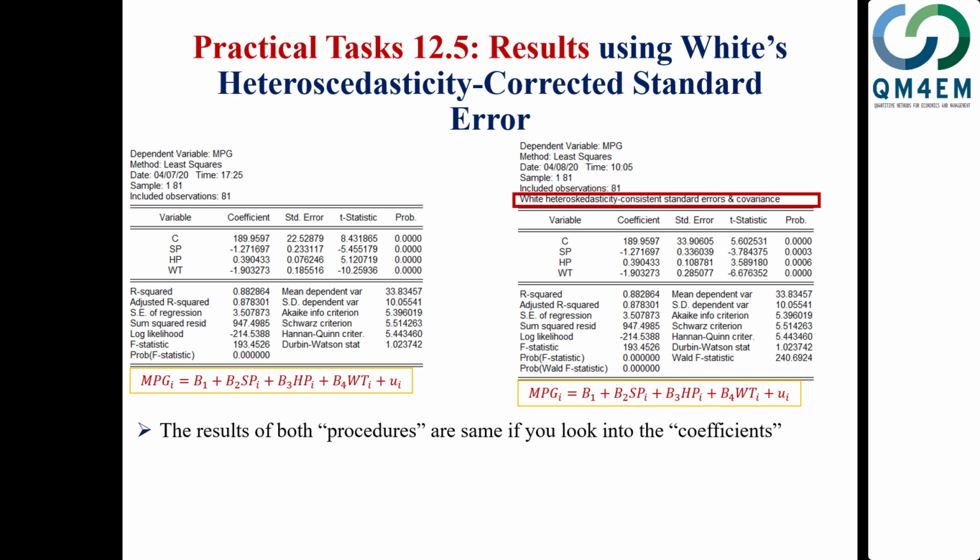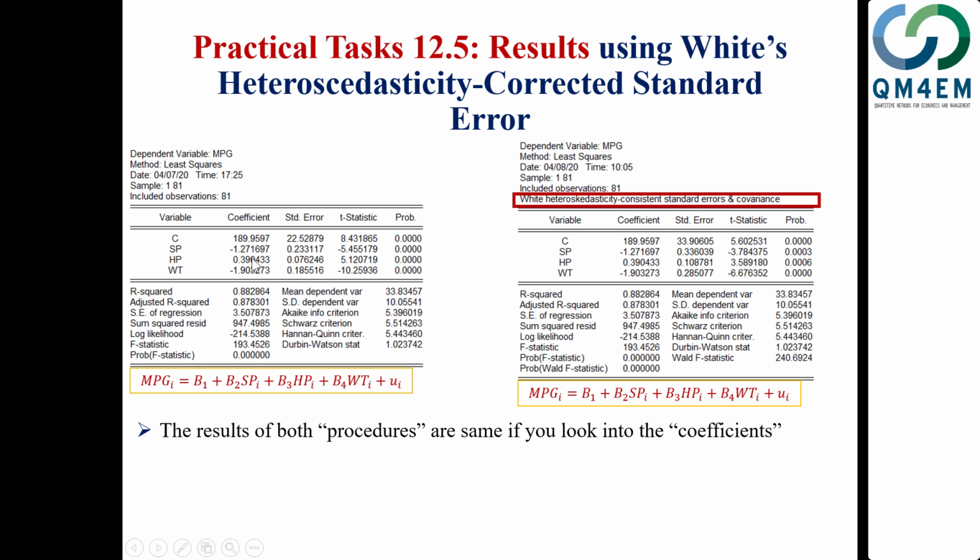Look at the left-hand side and the right-hand side. The coefficient for the constant is 189.9597, it's the same. For SPHPWT, minus 1.27, 0.390, minus 1.90 respectively in both models. So the coefficients are the same.